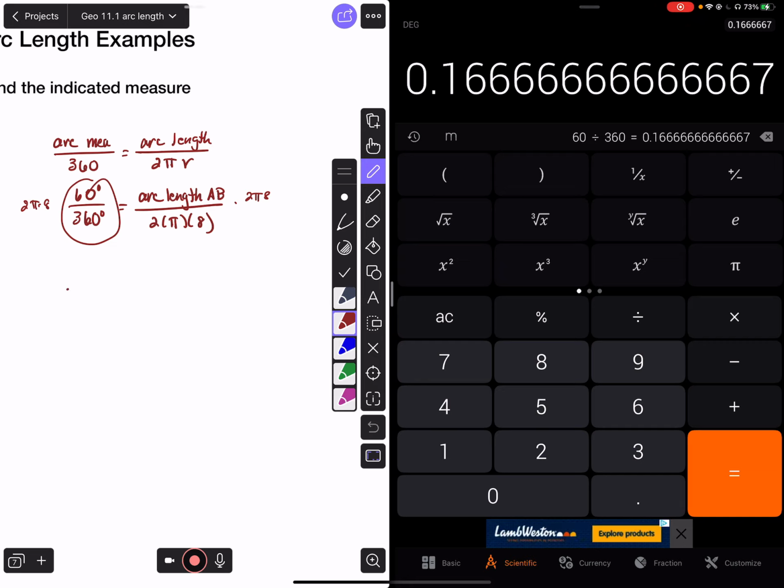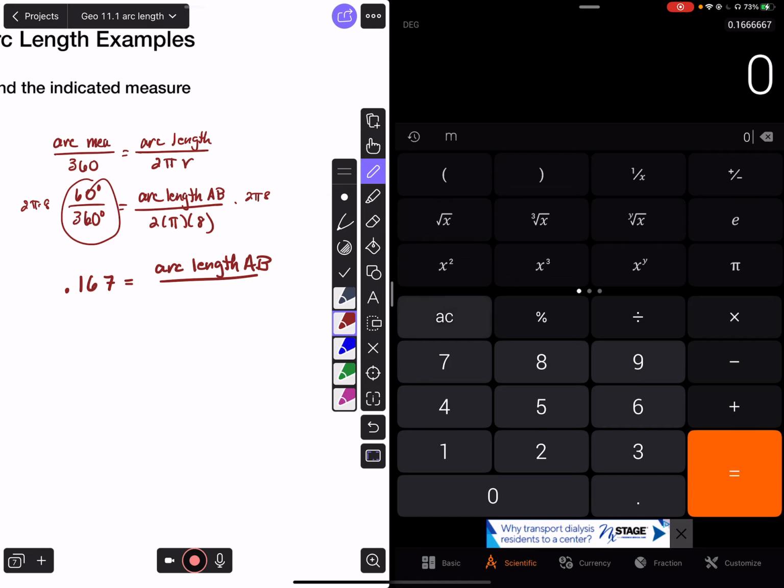So we'll go 0.167 equals arc length AB over, and let's find out what 2 times pi times 8 is.